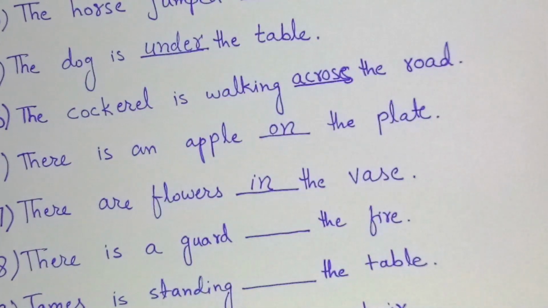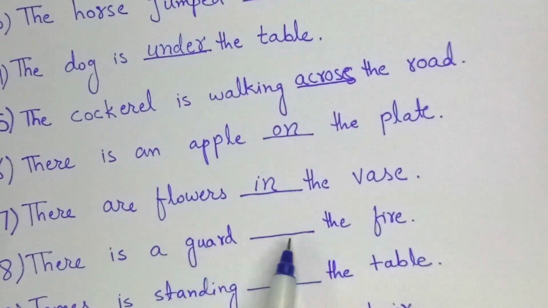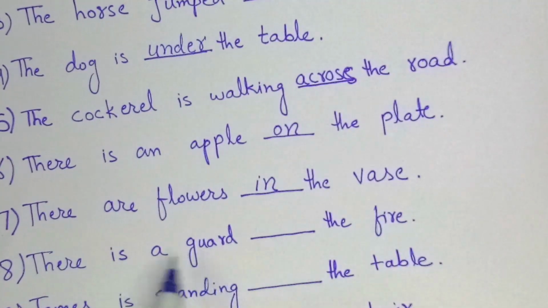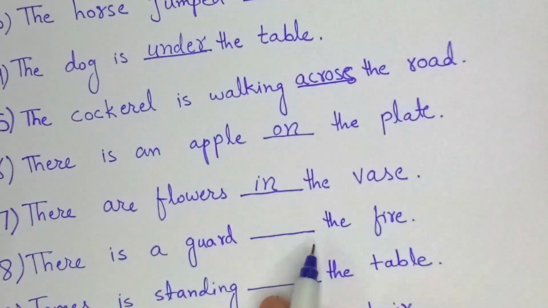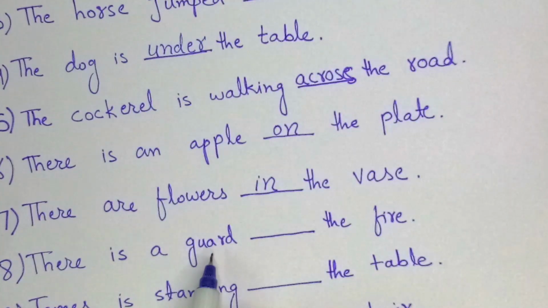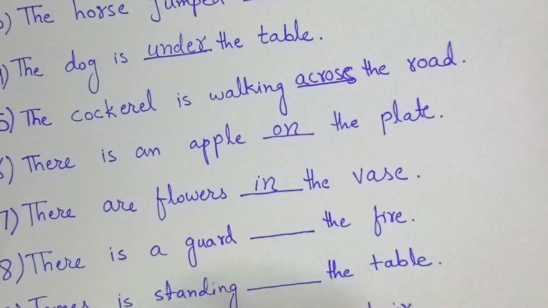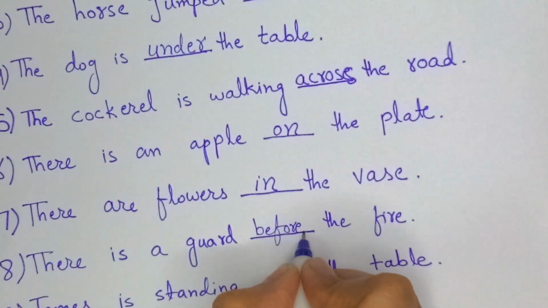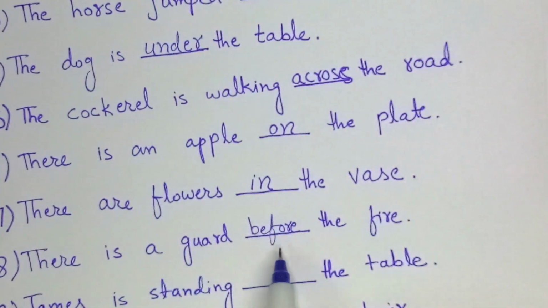Okay, so let's see another one. There is a guard dash the fire. So which preposition would you fill here? There is a guard over the fire, there is a guard near the fire, or there is a guard before the fire. So we used there is a guard before the fire. So why do we use before here?